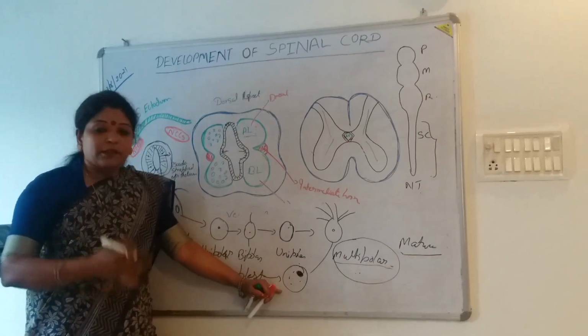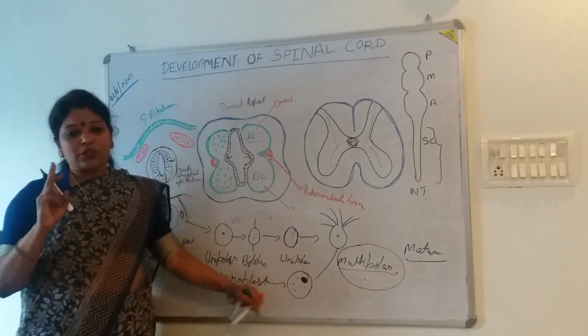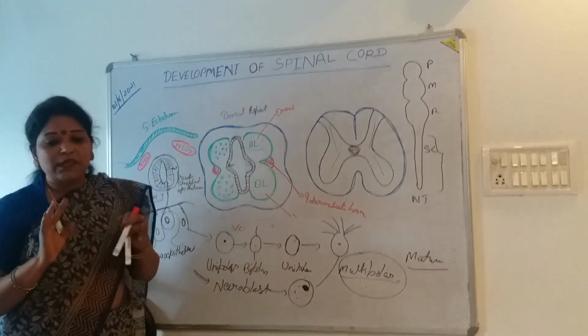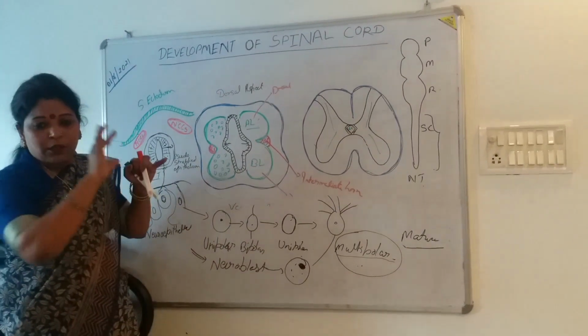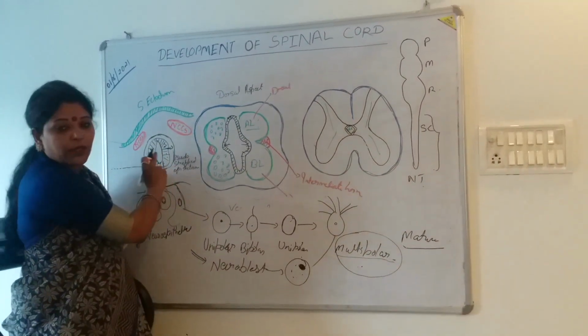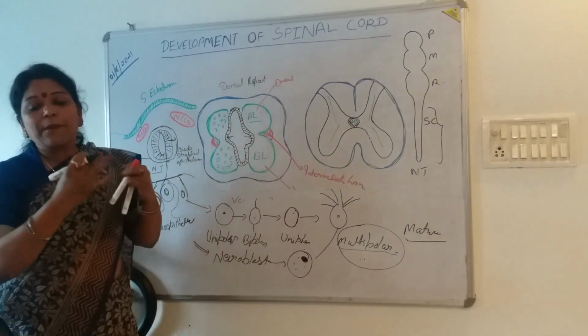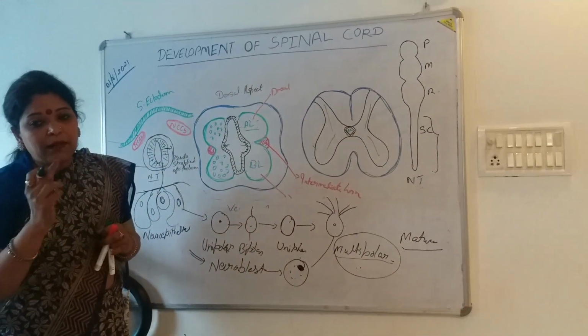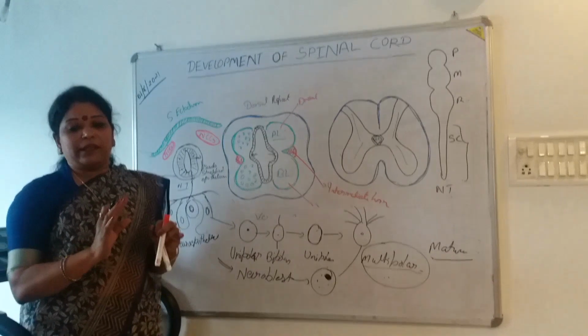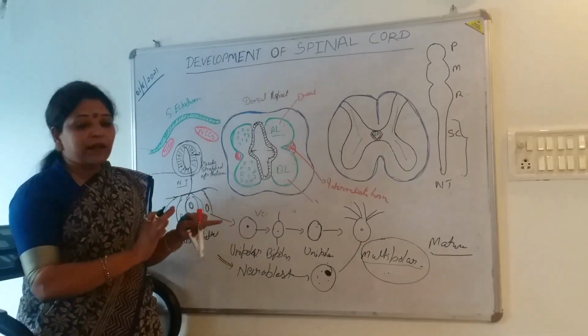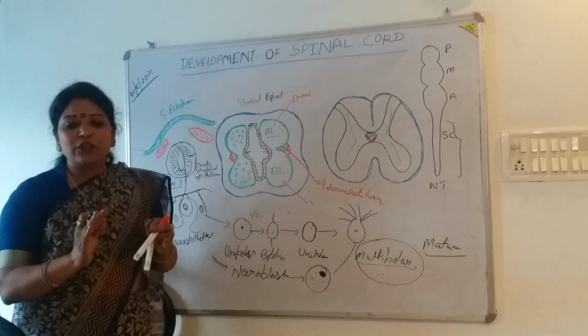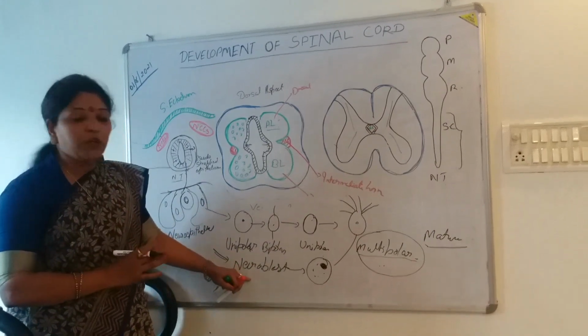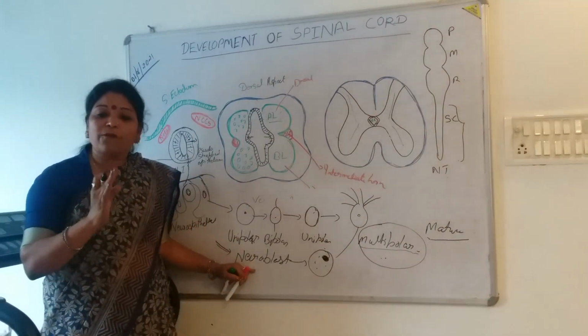Okay, one thing you should keep in mind: the neuroepithelial cells, which are present throughout the thickness of this neural tube, have to form 3 types of cells. But depending upon the priority, it does its work. The priority is first the formation of the neurons. So the neuroblast cells will be formed first.